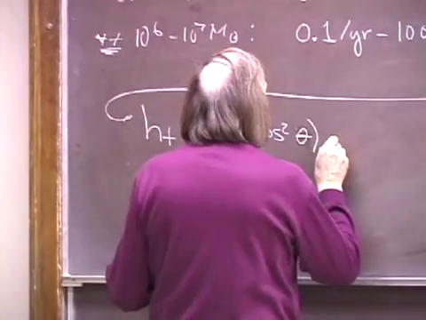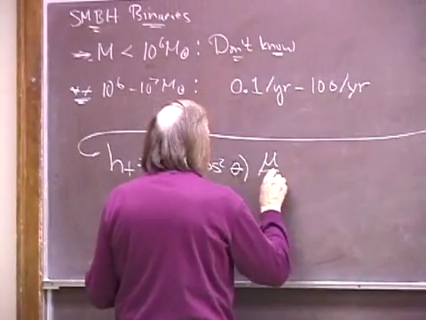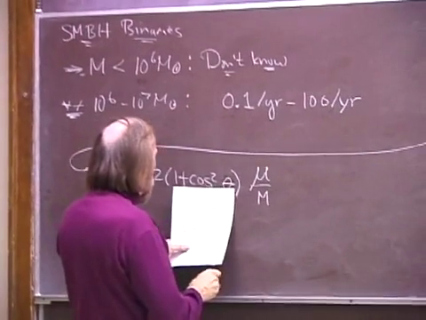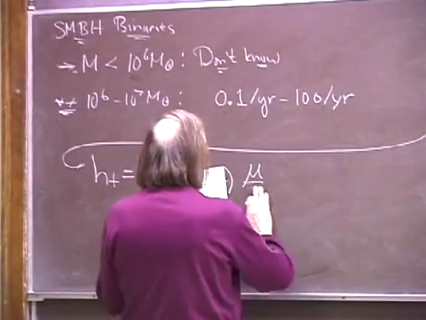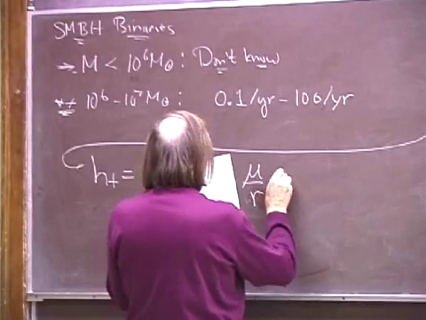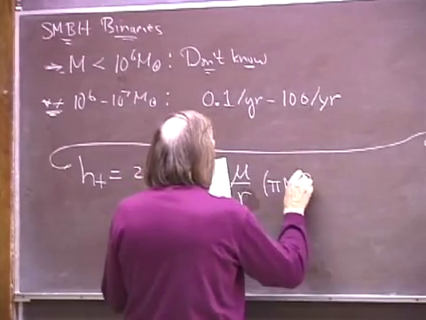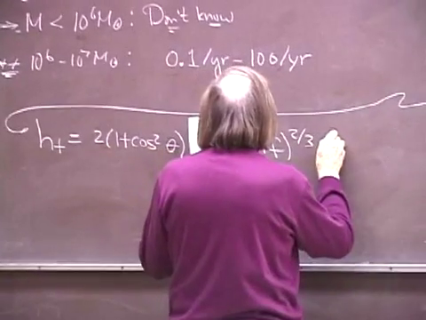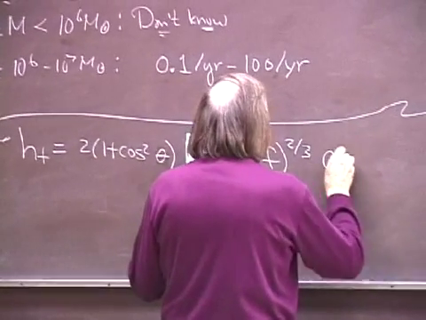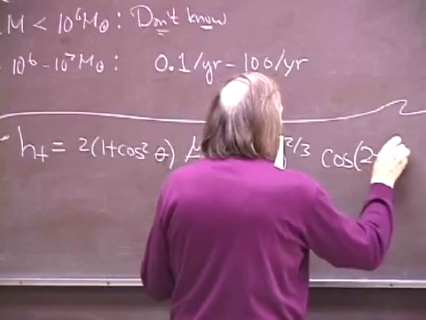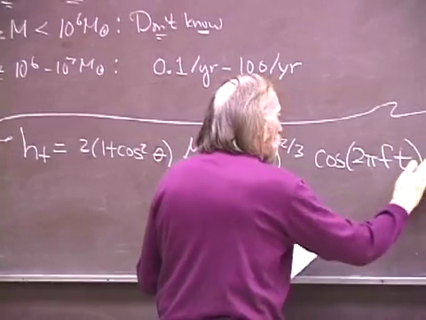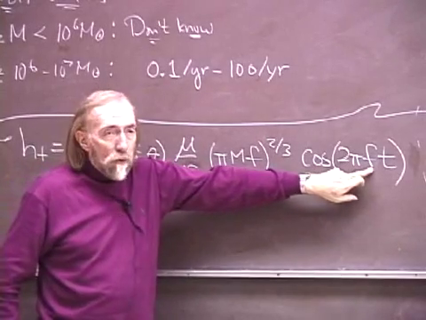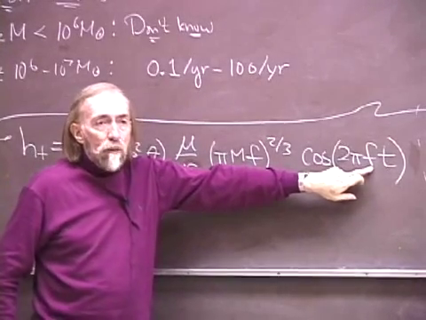Times mu over m, where mu is the reduced mass, m was the total mass. I'm sorry, mu over r times pi m f to the 2/3 times cosine of 2 pi f t, where f then is the instantaneous frequency, and f is increasing with time as a result of in-spiral.